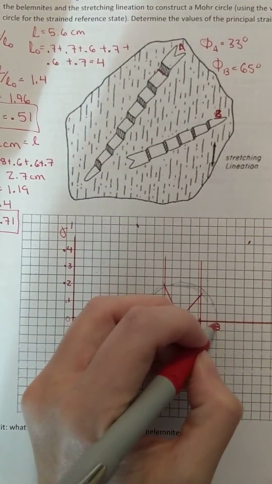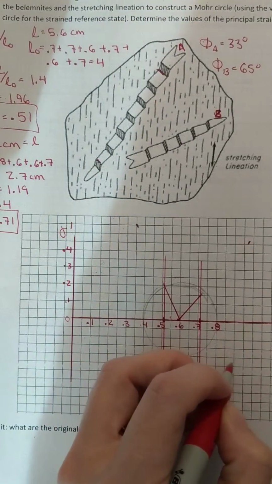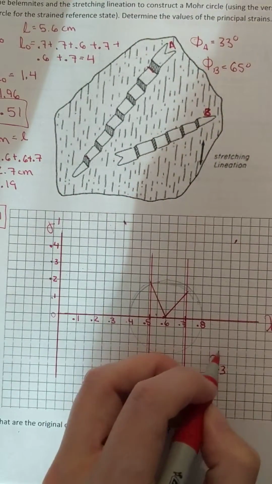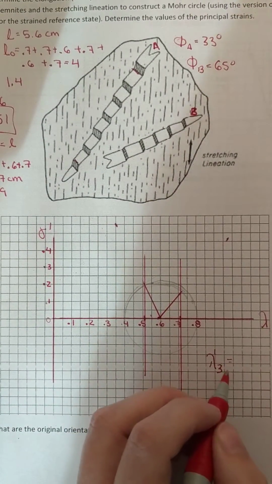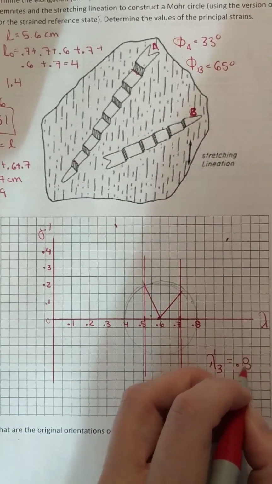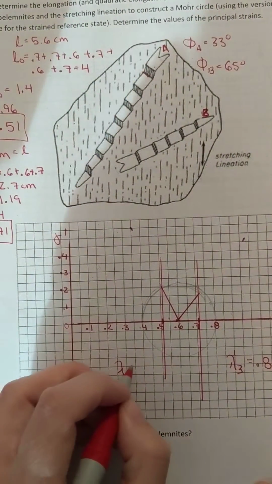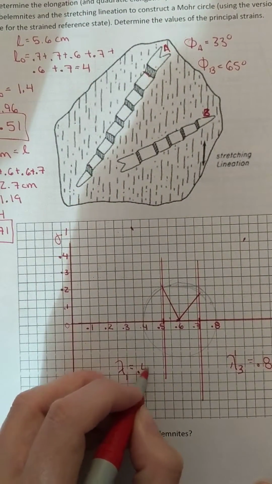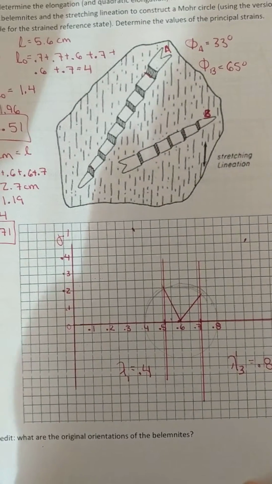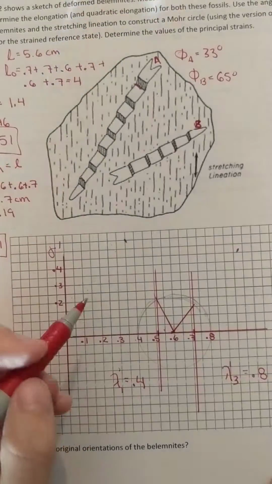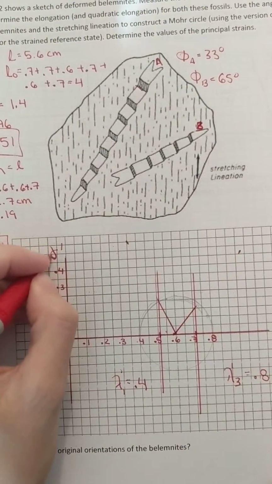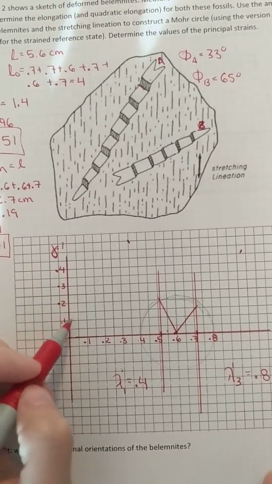So our lambda 3 prime, which is one of our principal strains, is going to be about 0.8, and lambda prime 1 is going to be about 0.4. Then you can bring it further out into our gamma.